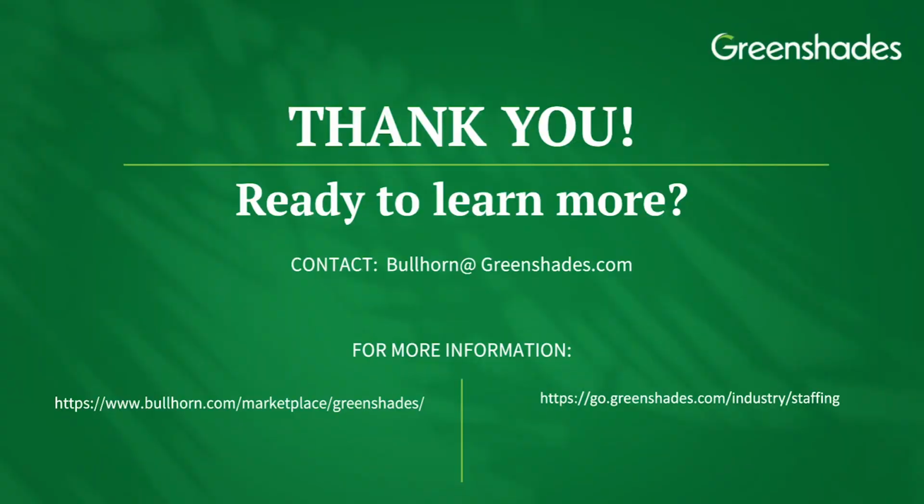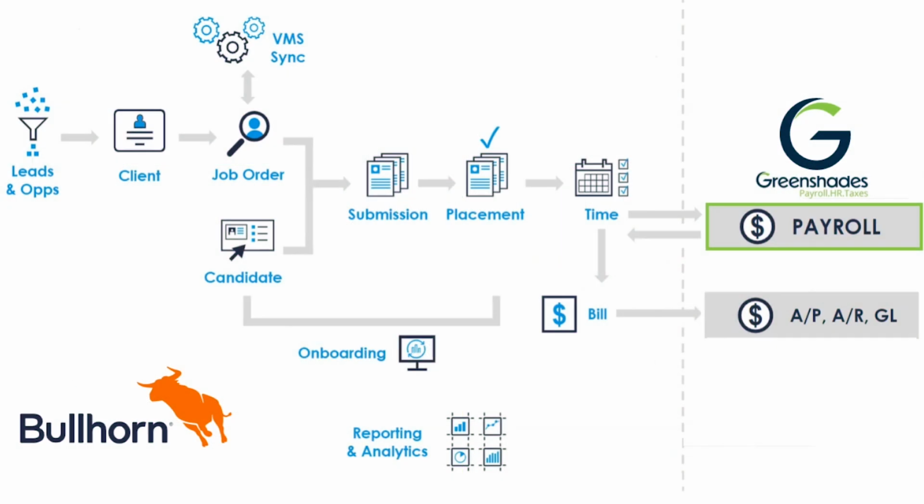All right, so today, as a recap, we covered the workflows here within Greenshades Payroll and Bullhorn One. We discussed the process of these candidate profiles synchronizing over to Greenshades automatically as those candidates are placed into roles and jobs.